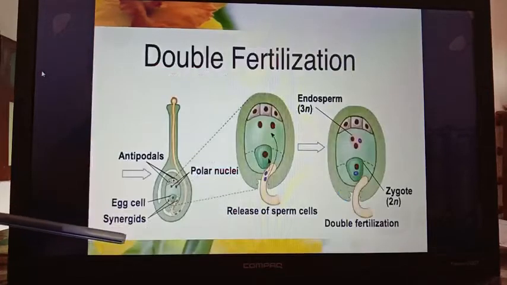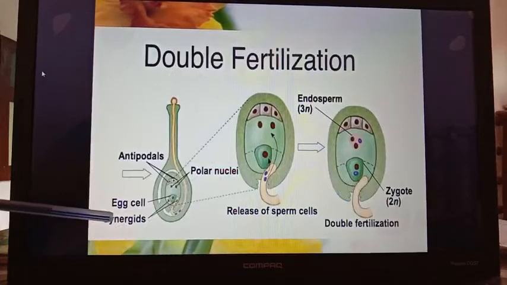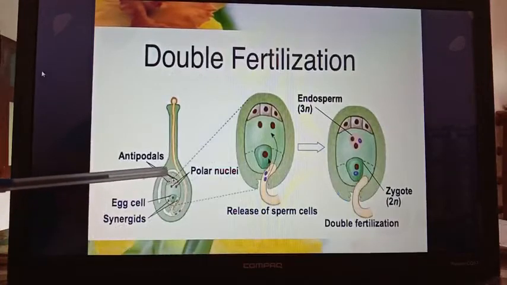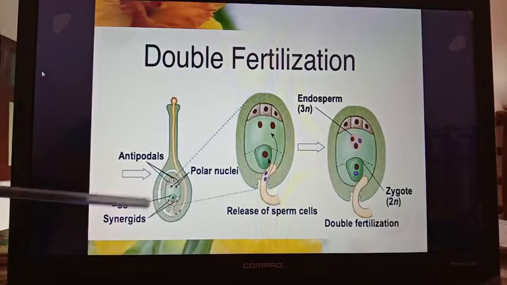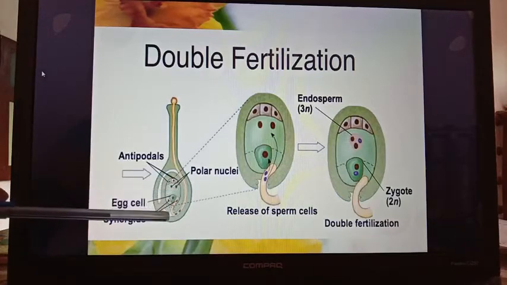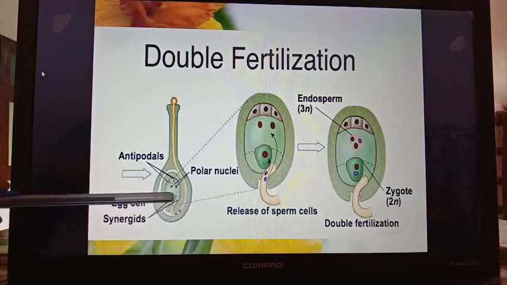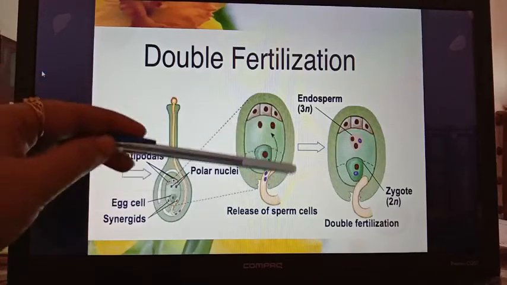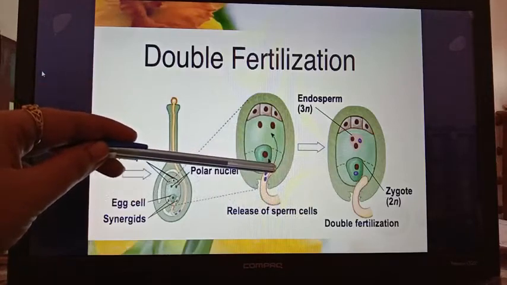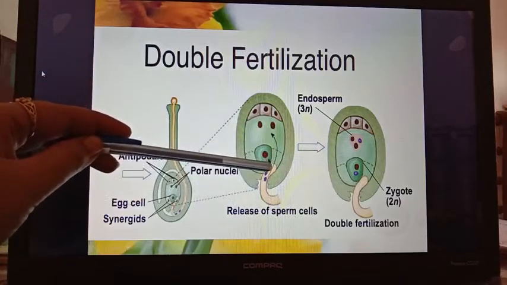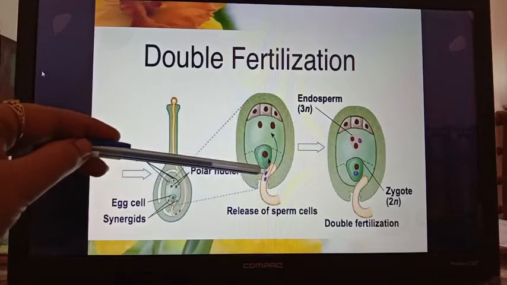Here you can see double fertilization in detail. Antipodal cells are at one end, polar nuclei at the central position, at the down micropylar end two synergids, and in the middle the egg cell. The pollen tube enters inside the ovule or embryo sac and releases sperm cells.